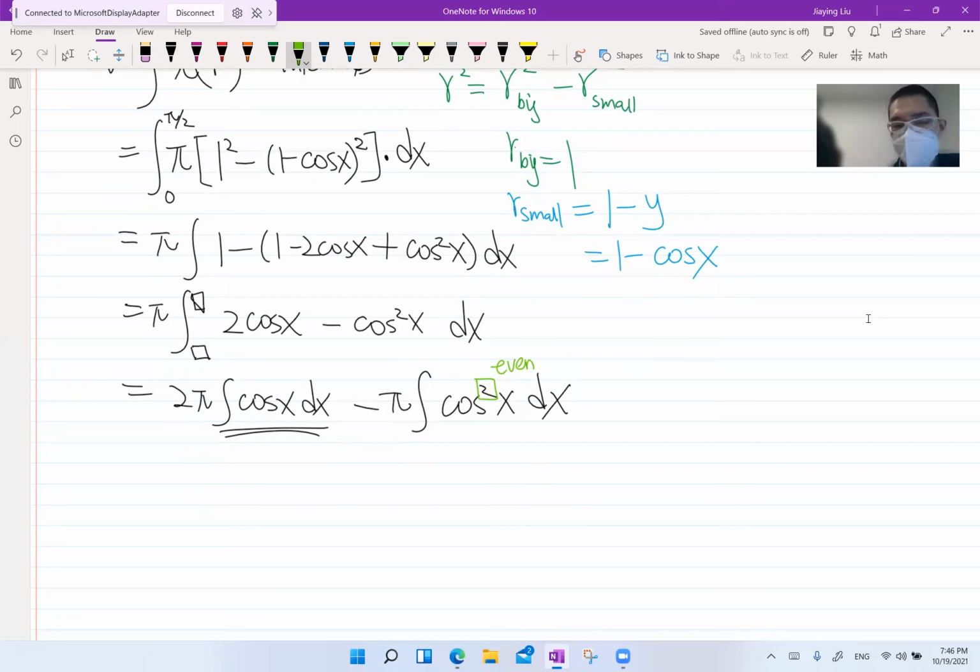Your teacher could probably call it differently. So the cosine squared x, let's just focus on only this integral part. Just leave the pi outside for now. This part is integral 1/2 times 1 plus cosine 2x dx.